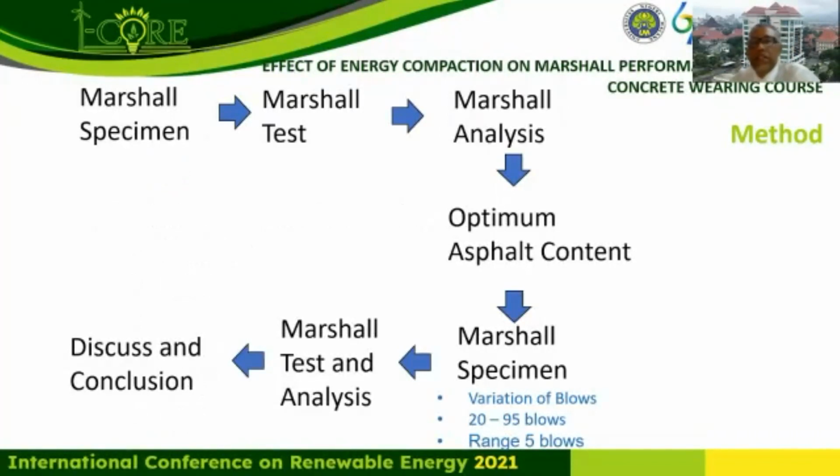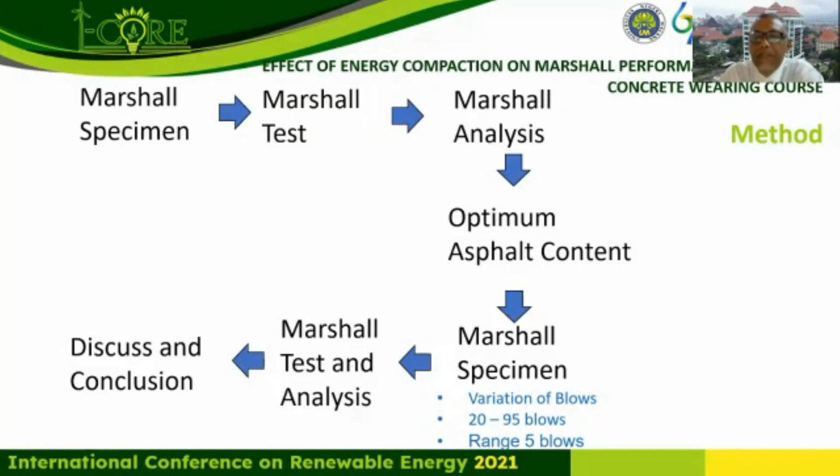In the flow chart here, we can see the first step is to prepare Marshall specimens. After that, the Marshall specimens are tested by Marshall apparatus, and then we analyze to get the optimum asphalt content.